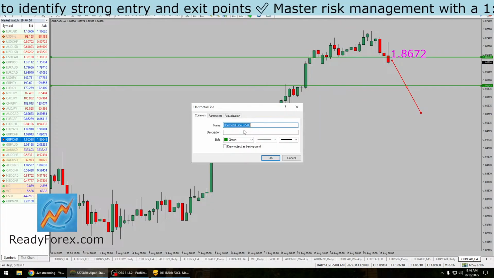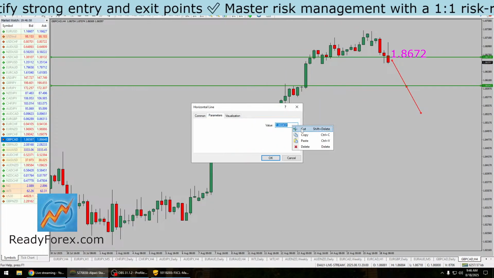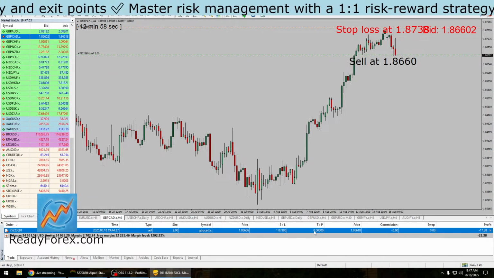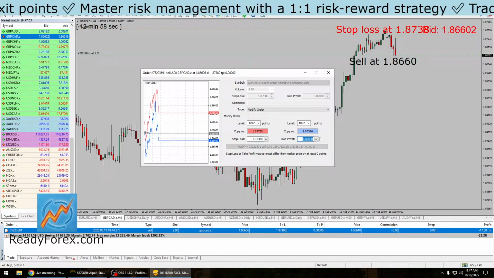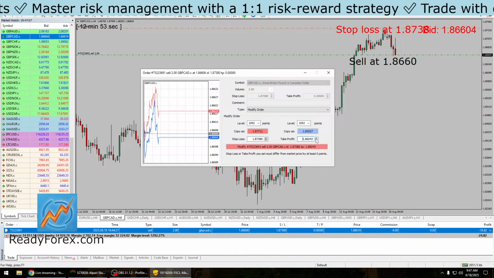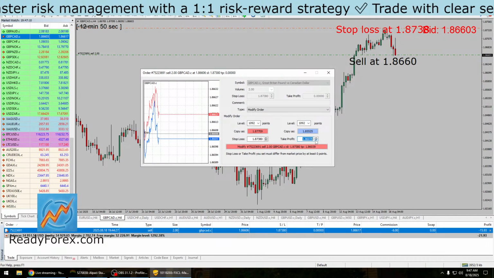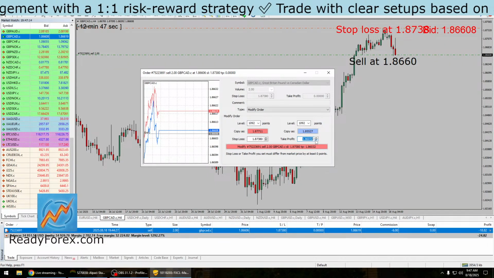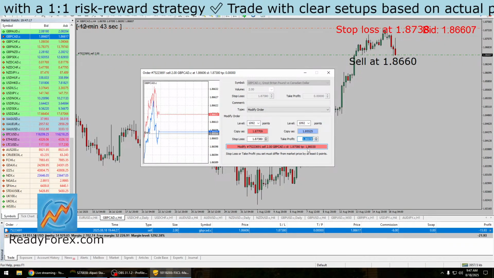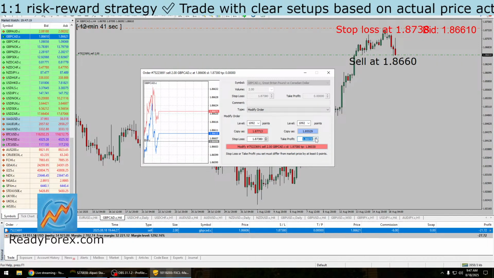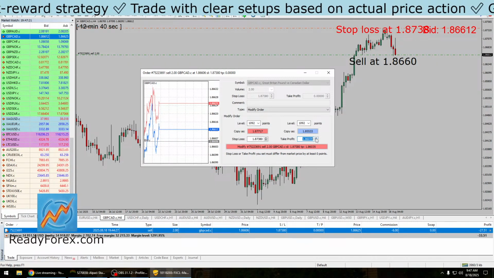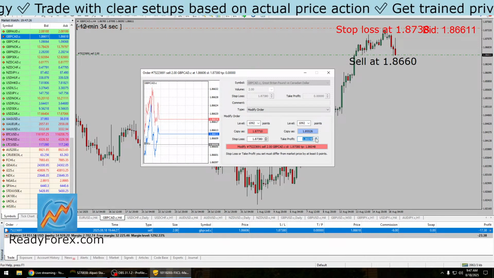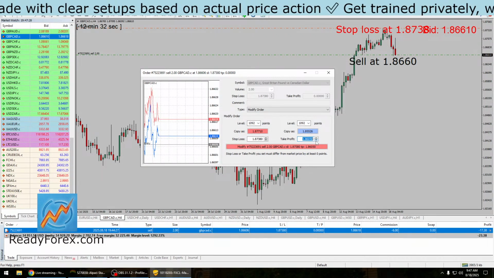This one is the first support down over here. So this is the support area. And I want to close my trade a little bit early from that particular level, so let's move this one a little bit up.